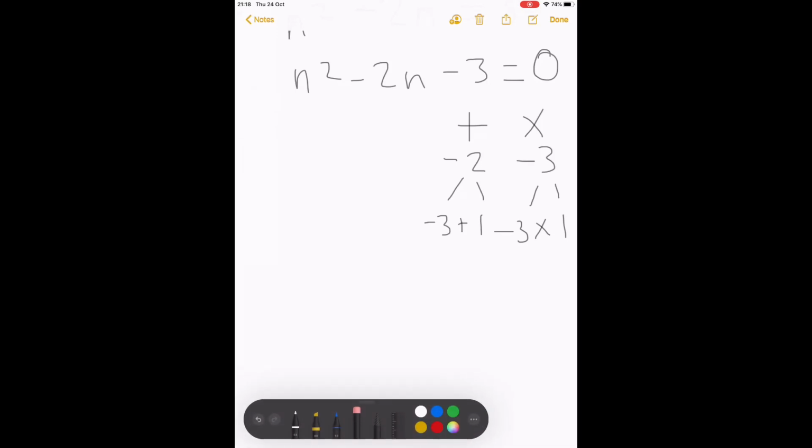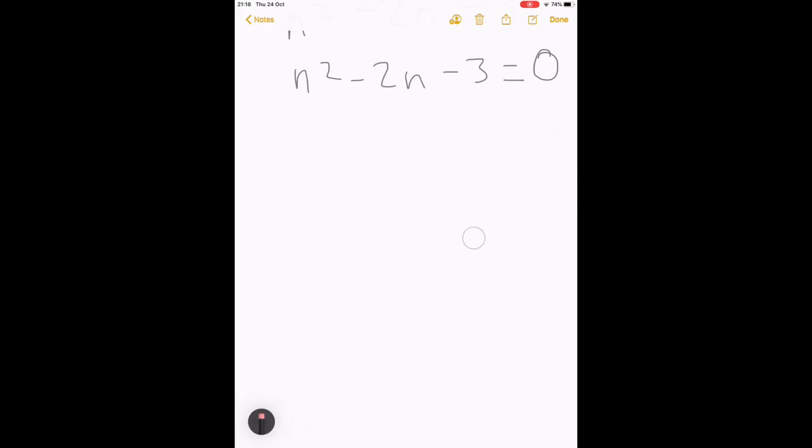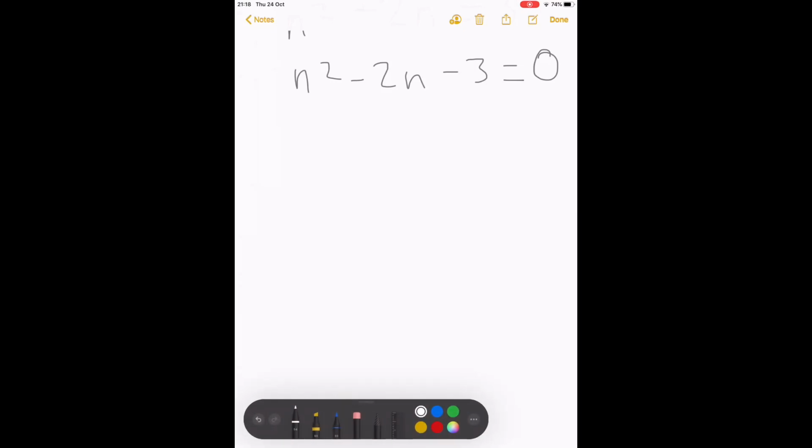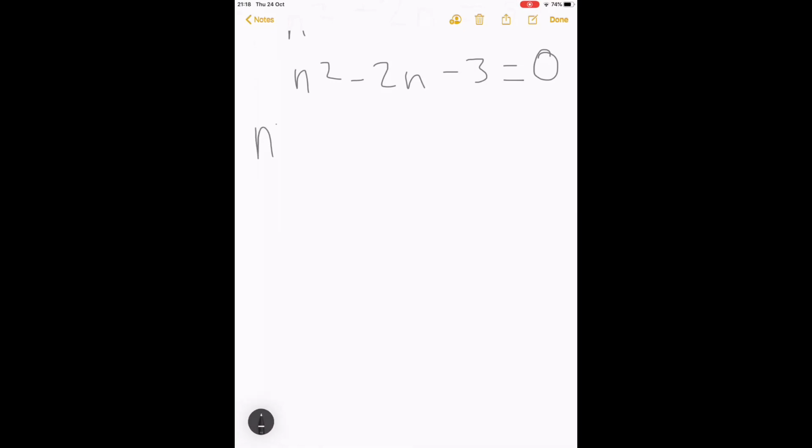Substituting those values into the equation, you would get n squared minus 3n plus n minus 3 equals 0. Now we add our brackets around n squared minus 3n and n minus 3. The common factor in n squared minus 3n is n, so we take n out of the brackets and we have n minus 3.